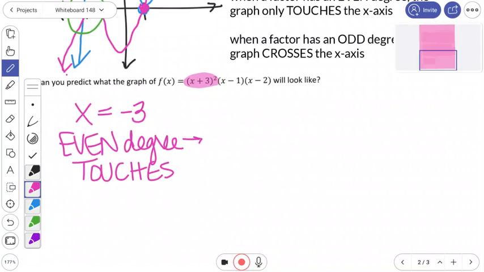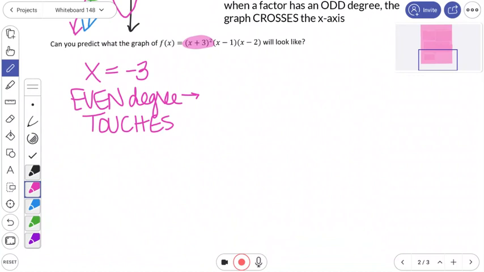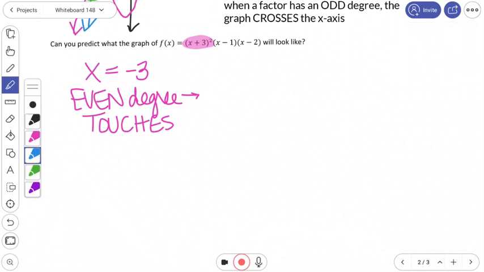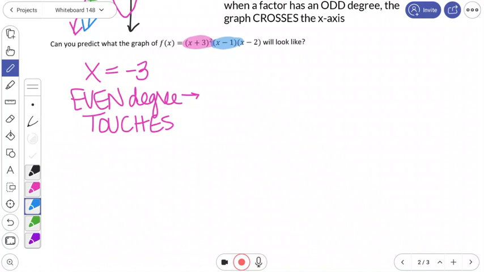All right, that's one of them that we have. What's another x-intercept that we have? If I look, I see I have a factor of x minus 1, which tells me I have an x-intercept at positive 1. But that is to the first power. That x minus 1 is only to the first power. It's an understood, kind of invisible one right there. So that is an odd degree. And what happens to our graph when we have an odd degree?